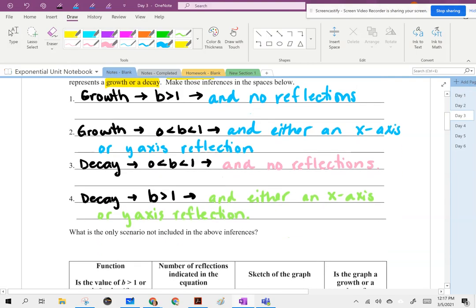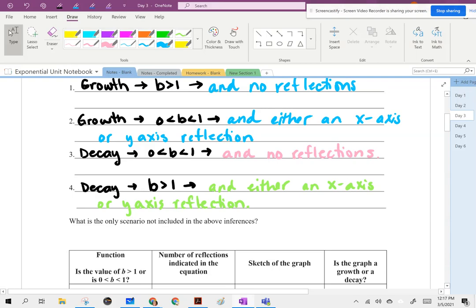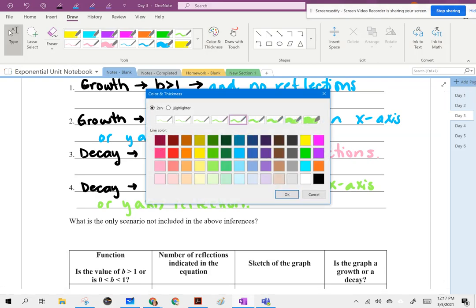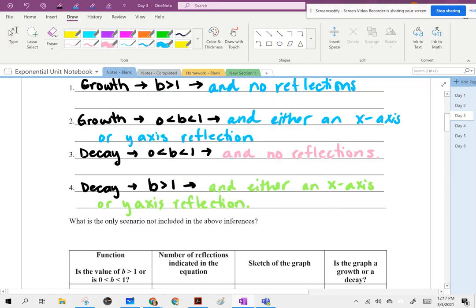Okay, so now it says, what is the only scenario that's not included in the above inferences? What's the only thing that we didn't kind of talk about? And that would just be a scenario with both the x-axis and y-axis reflections.